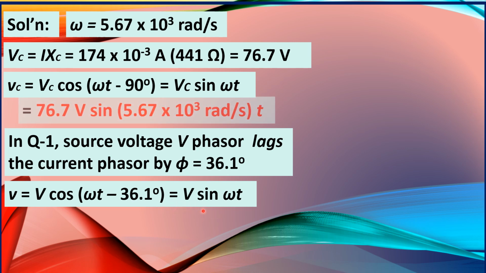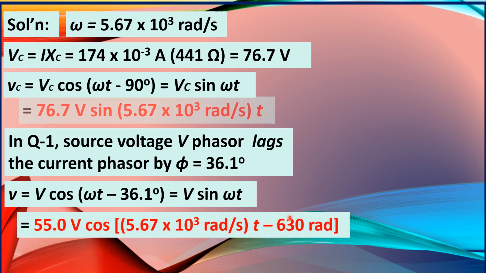So, for a final answer, we may express the instantaneous voltage across the AC source in terms of the cosine function, which is 55.0 volts multiplied by the cosine of the angle 5.67 times 10 to the third power radian per second multiplied by t minus 630 radians.